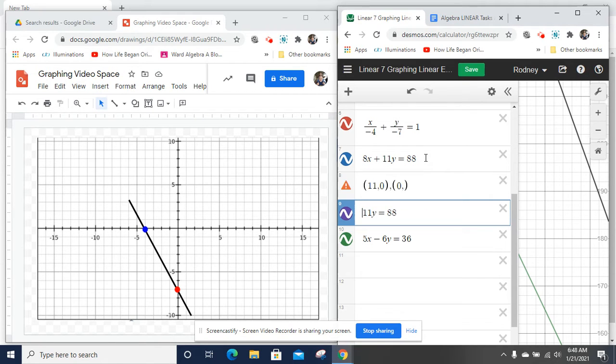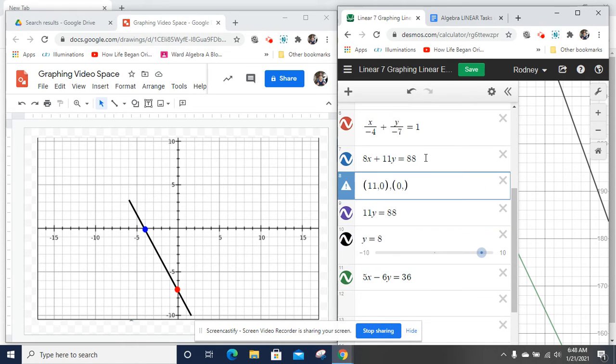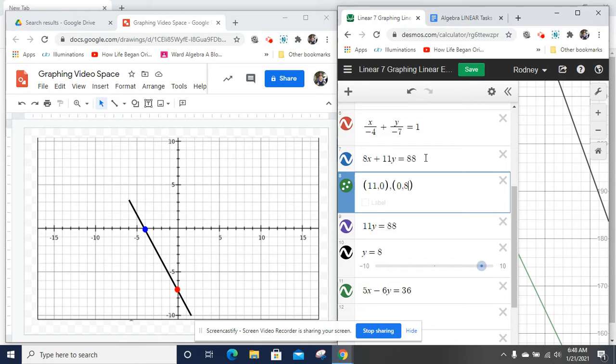I don't care about 8 times 0. So really, the y-intercept is coming from 11y equals 88. And so y is going to have to be 8, because 88 divided by 11 is 8, so the y-intercept will be at (0, 8).